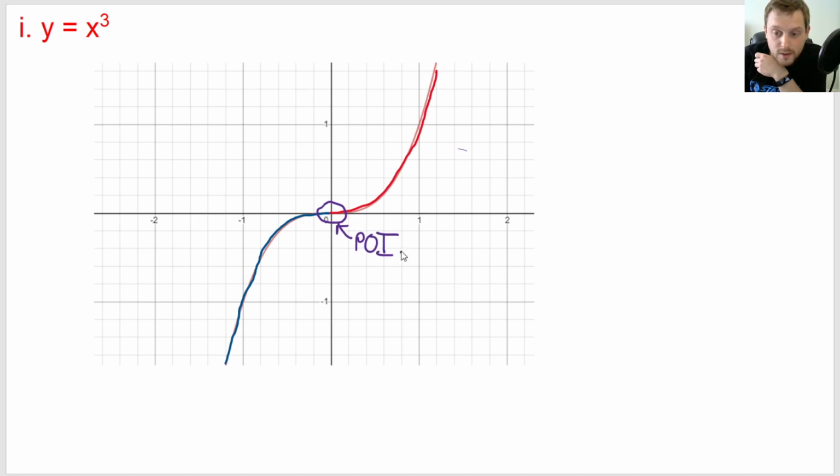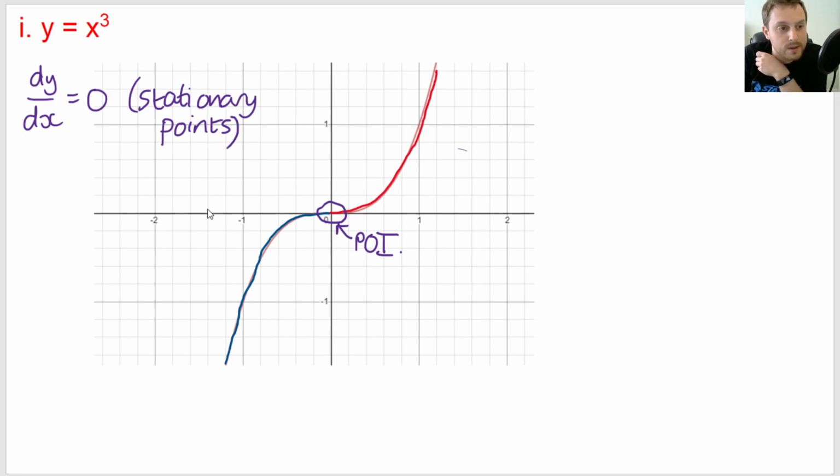Now, if I work out what dy by dx is and set it equal to 0, because that would be a stationary point. So let's work out the stationary points of y equals x cubed. If dy by dx has to equal 0, let's see what we get. Well, we get 3x squared equals 0, and therefore x squared equals 0, and therefore x equals 0.